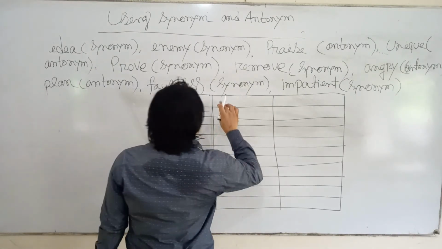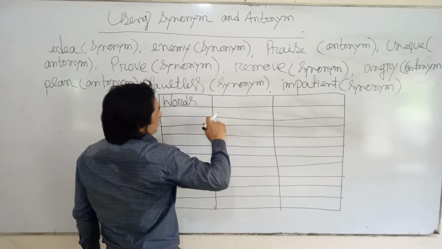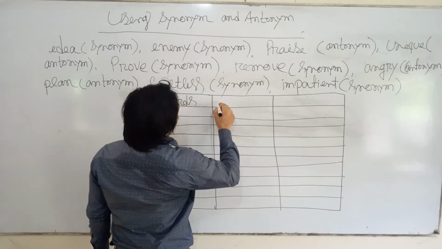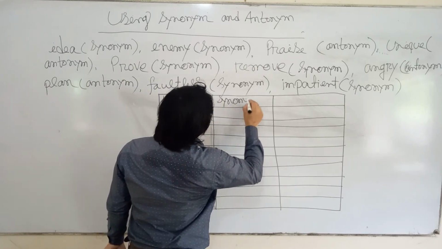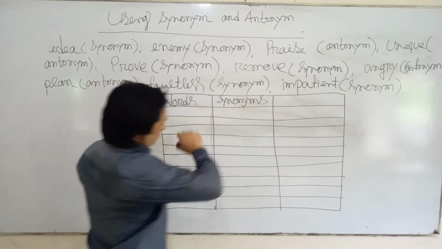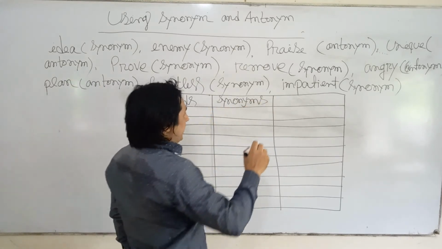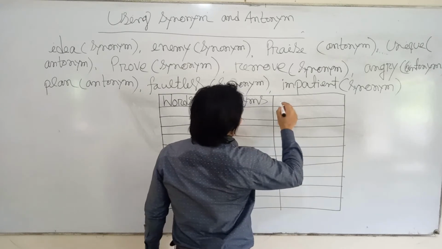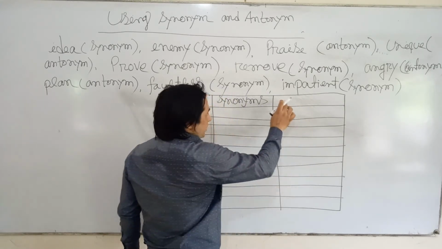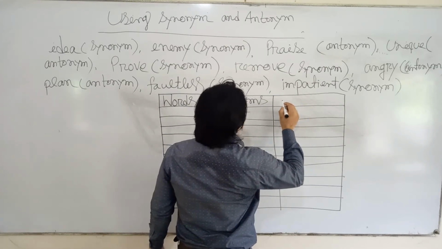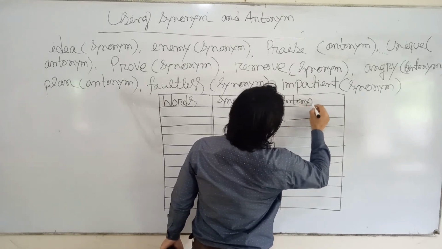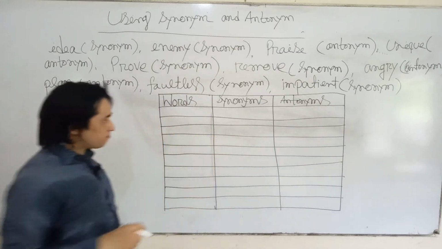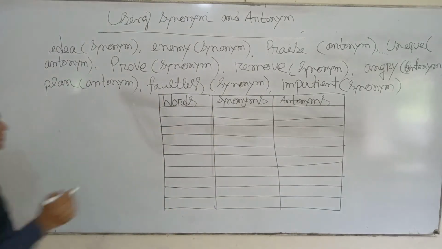Now, in the first row of second column, write synonyms. And in the first row of third column, write antonyms. Now write down the words.